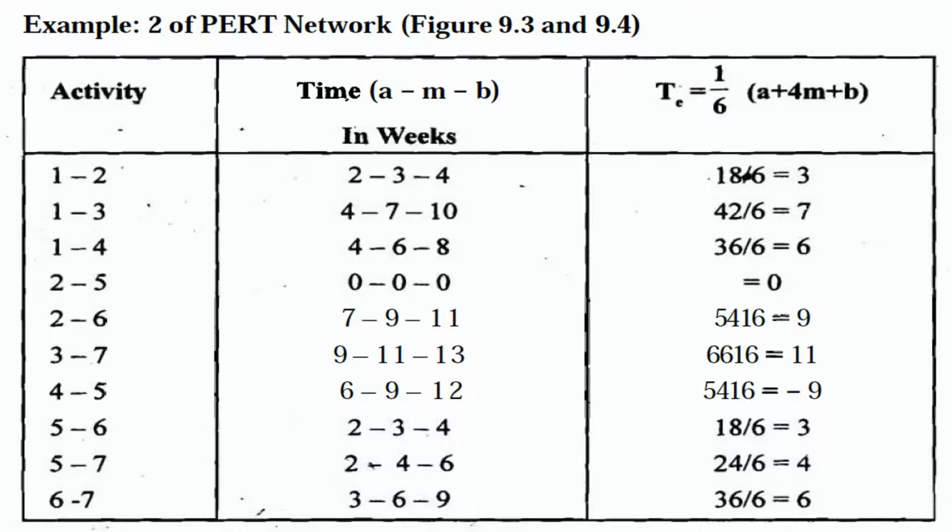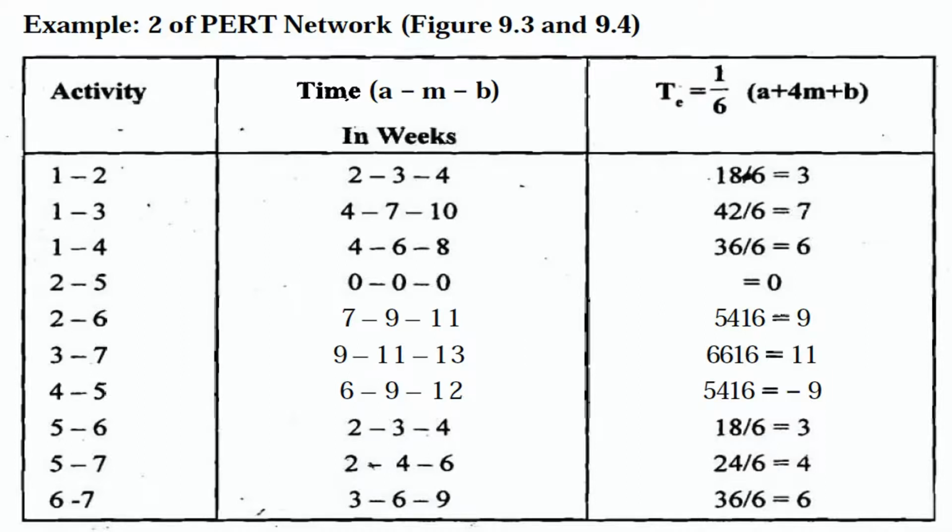Please notice activity 2 to 5, which happens to be a dummy activity, so obviously it will have 0 time of completion, right? And there are other activities: 1 to 2, 2 to 5, 2 to 6. For each of these activities the time has been estimated, which varies from 3 to 11. In fact, we can call it 0 to 11, but technically that is a dummy activity.